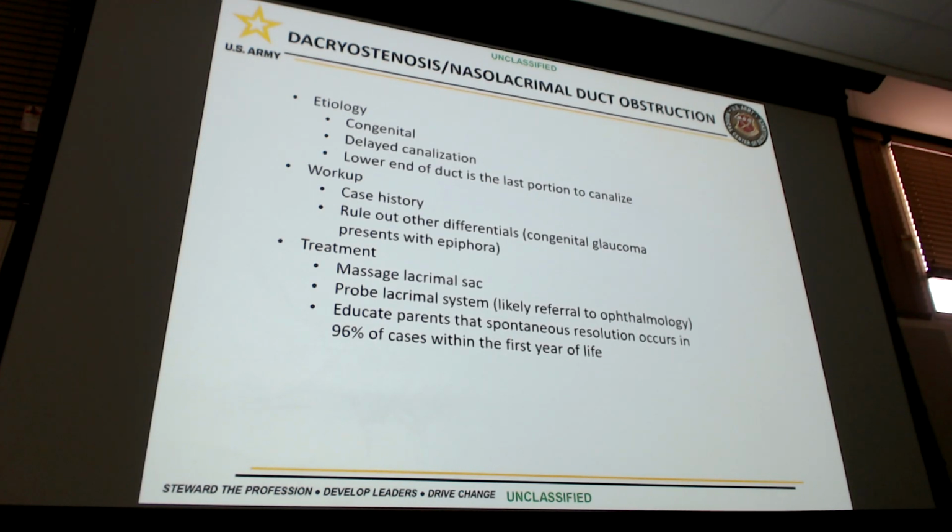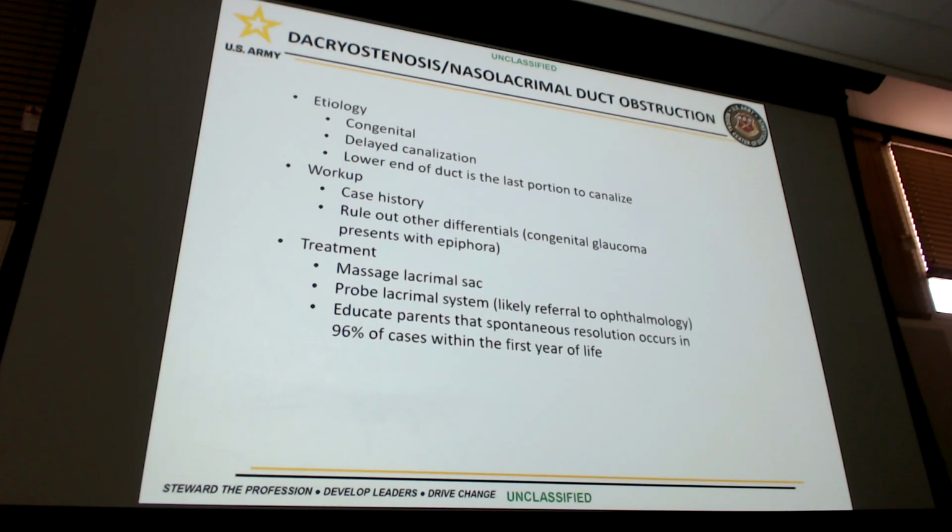So most of the time, dacryostenosis is congenital, okay? Because as an infant is growing, when they're born, a lot of times that nasolacrimal duct is still closed, especially if you have a preemie, okay? That nasolacrimal duct is still closed.